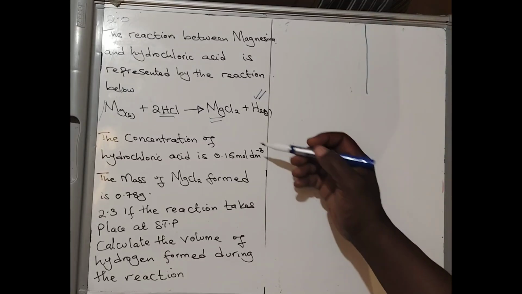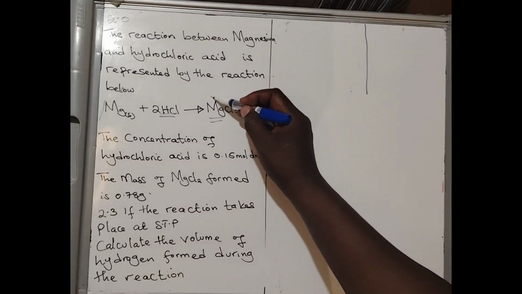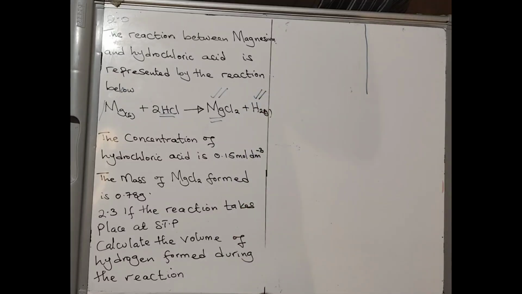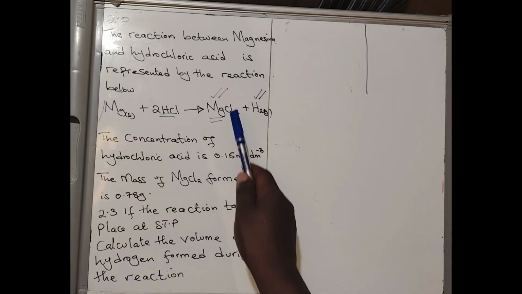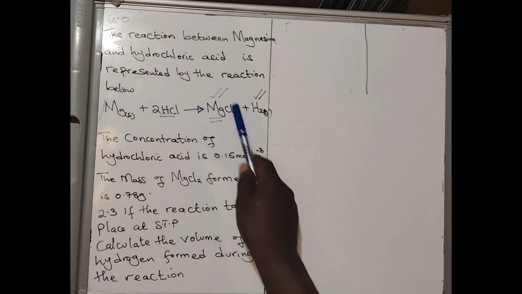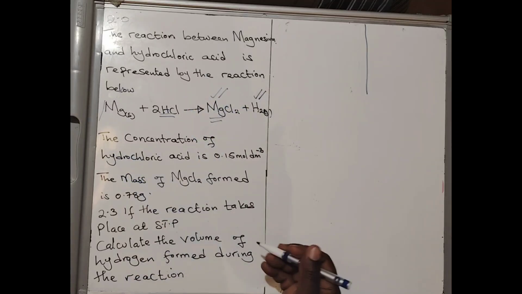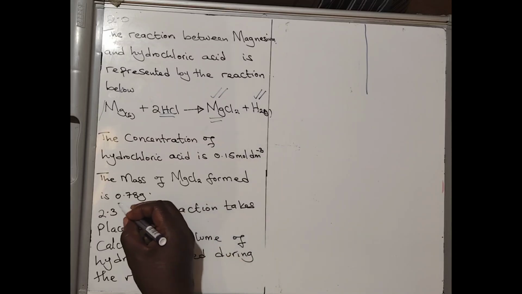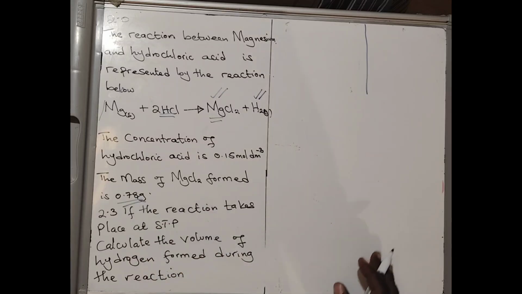Then you are given this. We can't start from hydrochloric acid unless you use the previous calculation. So for magnesium chloride, we know the mass which was given, and it is 0.78.